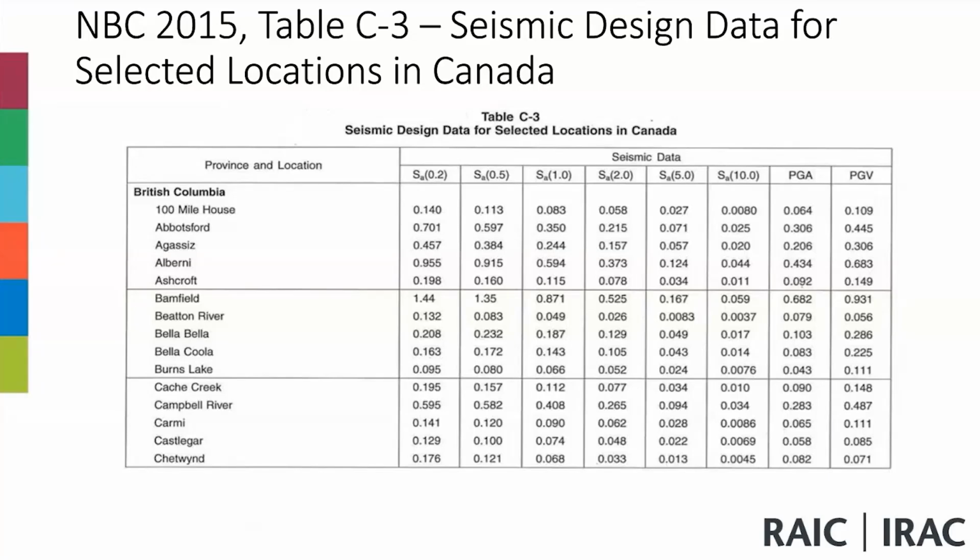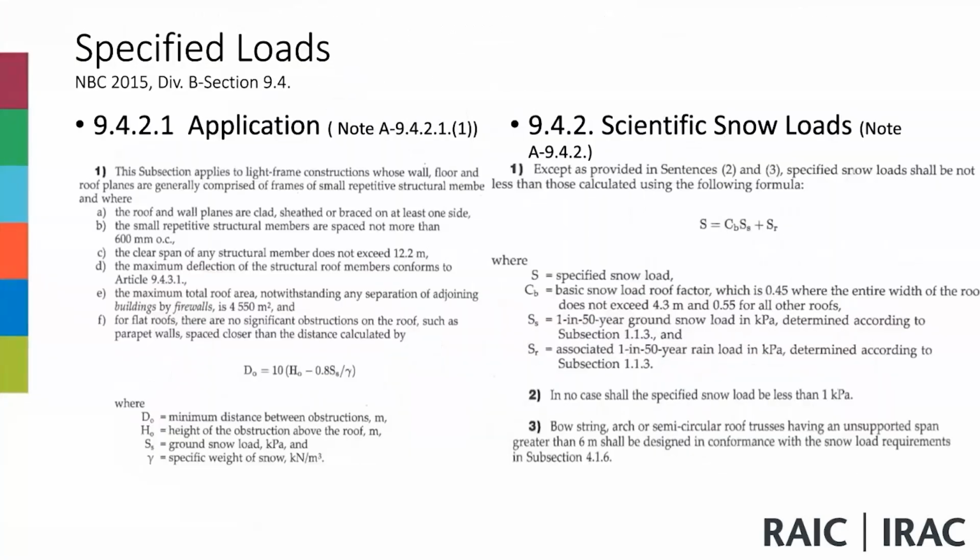This is an extract, and I'm not going to go through that portion of the design for seismic design, but we know where to pick it up in terms of the calculations specified under the section for structural design. I would like to take you to 9.4.2.1 for specified loads. Sorry about that.